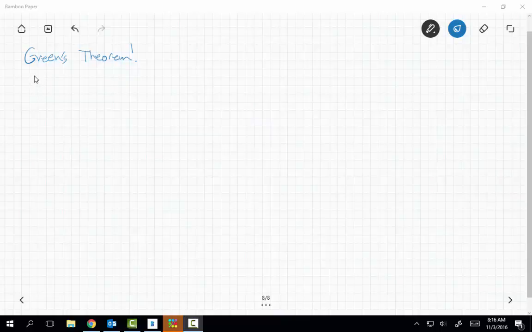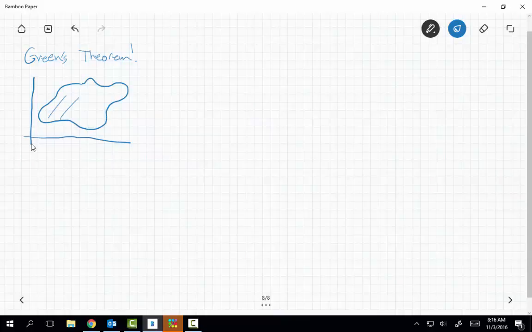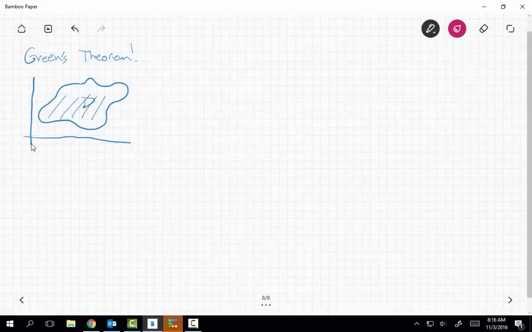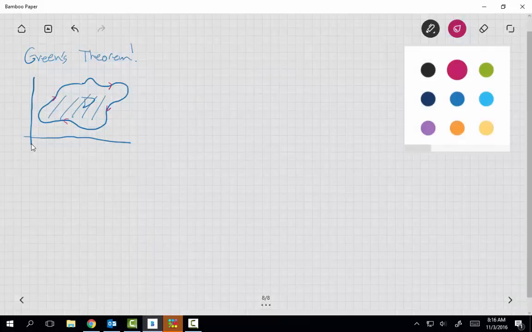So if I have a curve, all right, let's say we've got some region D. This is my D down here, and I've got a curve that goes around D. Now, I can either go around clockwise, in which case I'd have these guys, or I can go around counterclockwise.